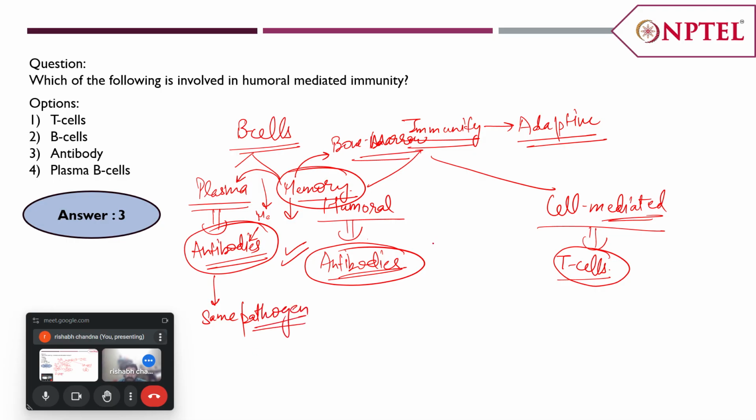Okay, now coming to the question that was in the chat. Based upon the first interaction of the pathogen with the human body, immunity is divided into two parts. First is the innate immunity, and second is the adaptive immunity.